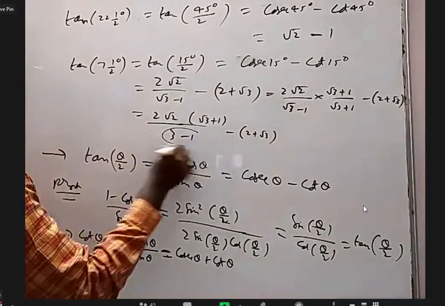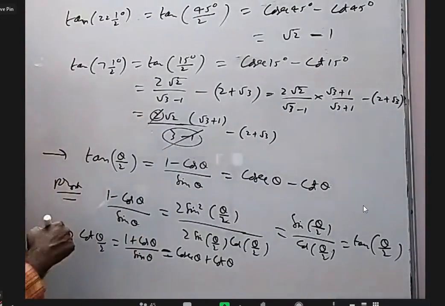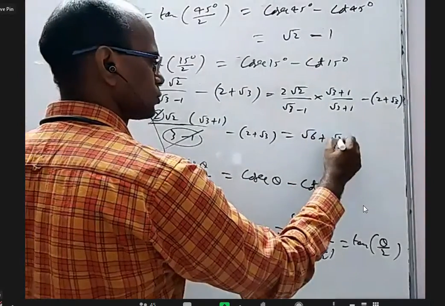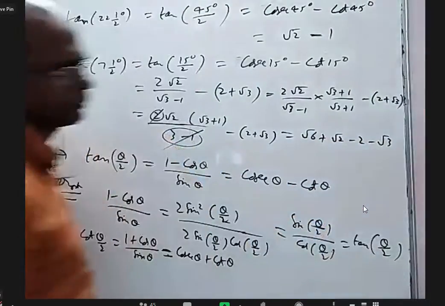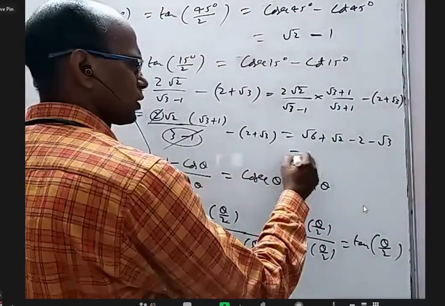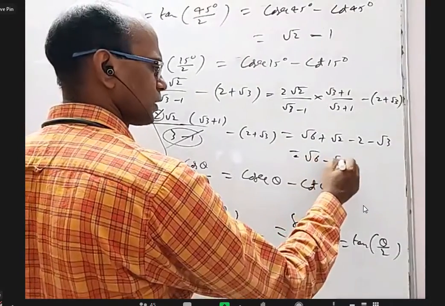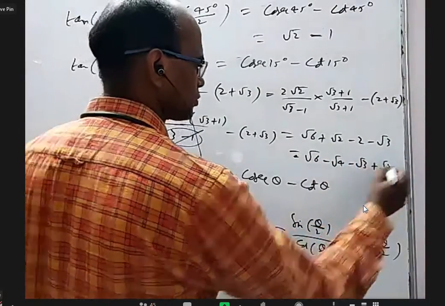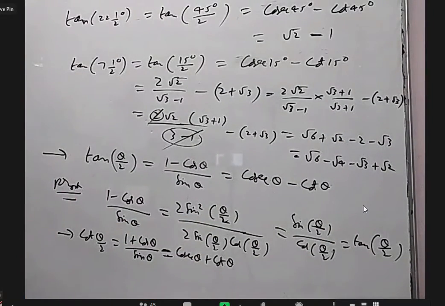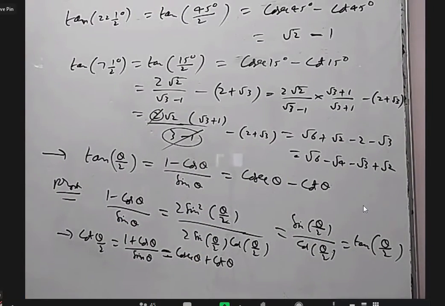This 2 and this 2 will cancel, giving root 6 plus root 2 minus 2 minus root 3. For the answer to look somewhat nice, they may write it as root 6 minus root 3 plus root 2 minus 2, the square roots of some natural numbers, maybe in descending order: root 6, root 4, root 3, root 2.